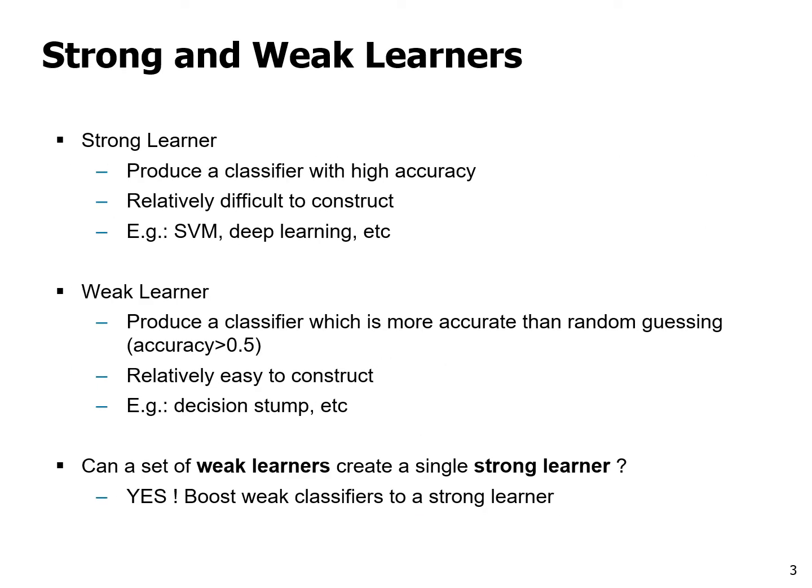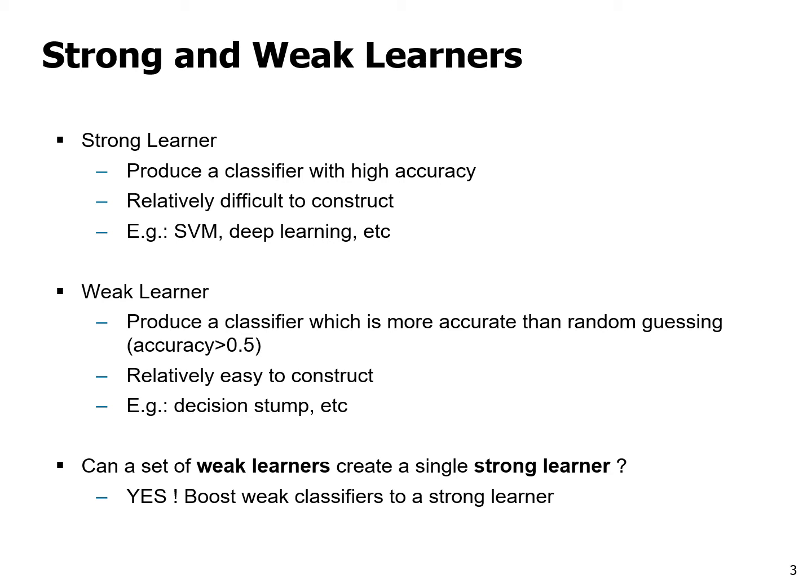Let's talk about strong learners and weak learners. A strong learner is a classifier with very high accuracy. Let's say we have a classifier whose accuracy is like 99.9 percent, then we call it a strong learner. And actually, it is very difficult to build a strong learner.